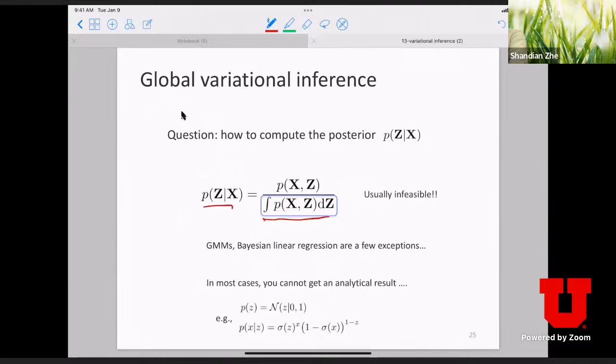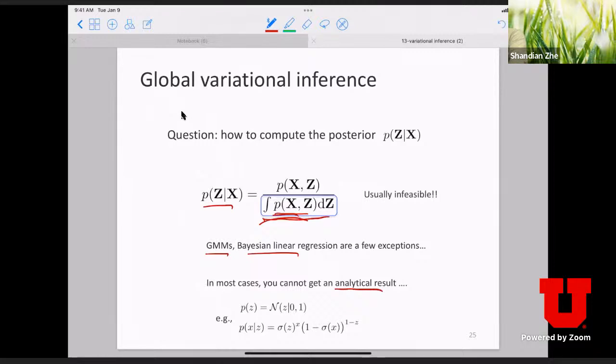You have to marginalize out z from its joint distribution. Usually it's infeasible because it's a high-dimensional or intractable integral, except in a few cases like the Gaussian mixture model and Bayesian linear regression model, where this integral is relatively easy to derive. But in most cases, you cannot get analytical results.